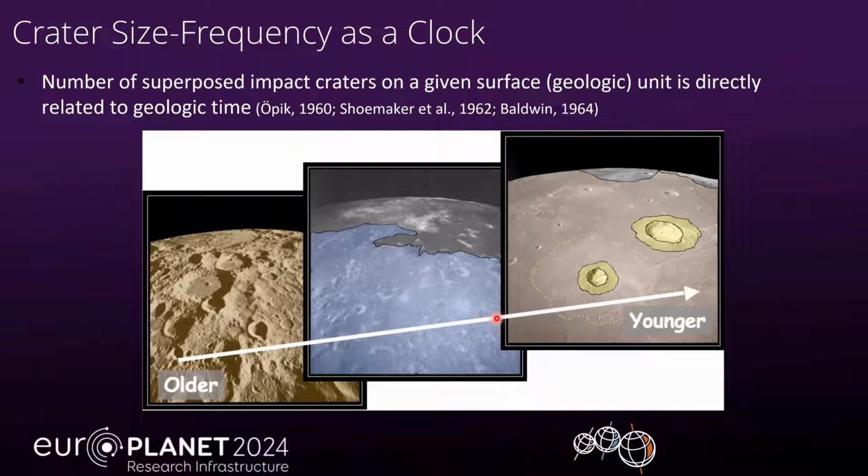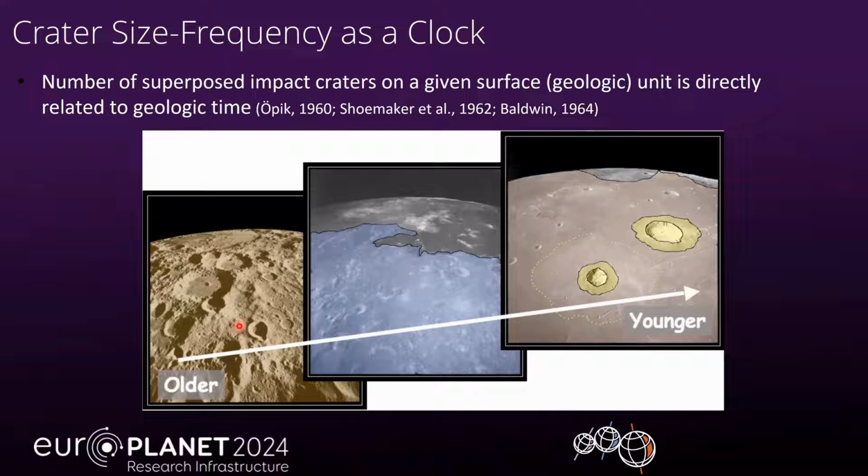So crater size frequency is a clock. I mentioned before, just so you could start thinking about it, that the older surfaces like the highlands have more craters on them compared to the younger surfaces with the Mare units. And we could see that the relative ages based on superposition and cross-cutting relationships are also highlands old, basin or Mare basalts young.